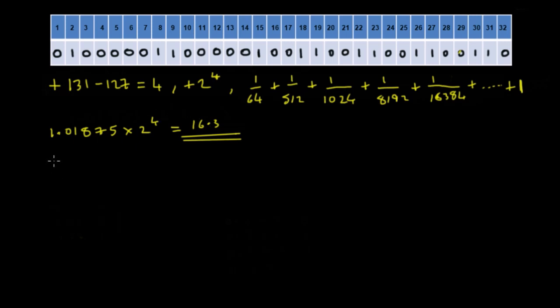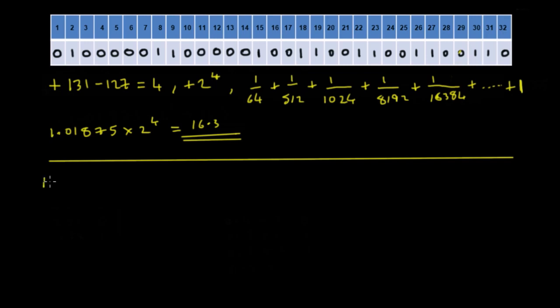Let's move on, and we'll go from the decimal back to the floating point binary. So we need to change the 16.3 into the fixed point binary number. So we're going to take the 16 and we'll divide it by 2. So that's going to give us a value of 8, and we've got 0 left over. Divided by 2 is a value of 4 with 0 left over.